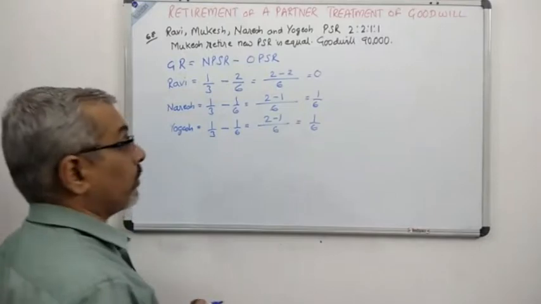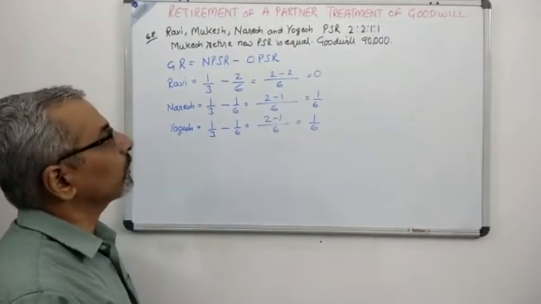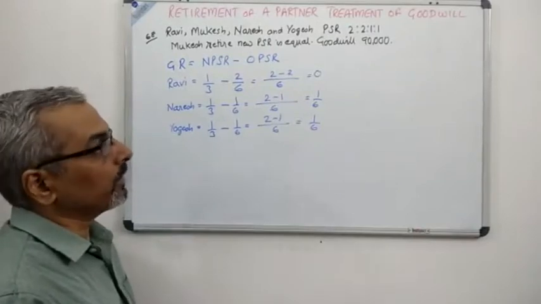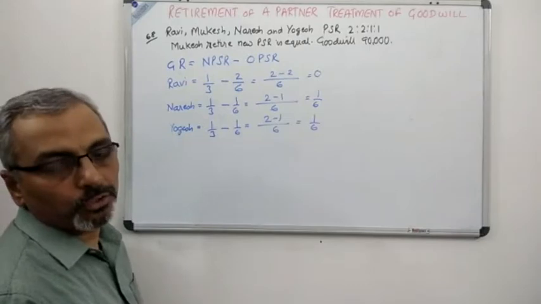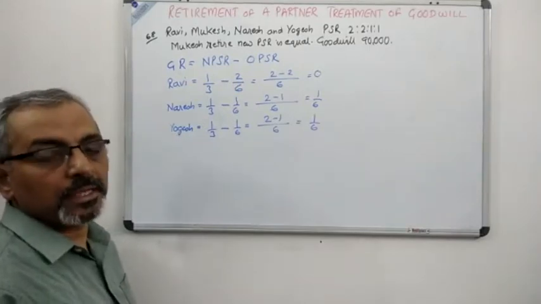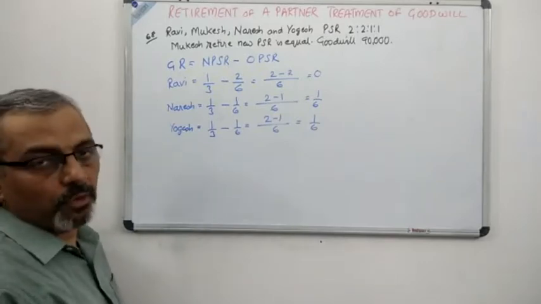Whatever the share of goodwill of the retiring partner Mukesh will be borne equally by the continuing partners Naresh and Yogesh, and Ravi will not contribute anything because Ravi has neither gained nor sacrificed anything during the change of the profit sharing ratio.